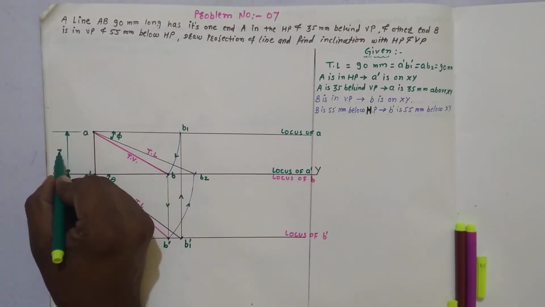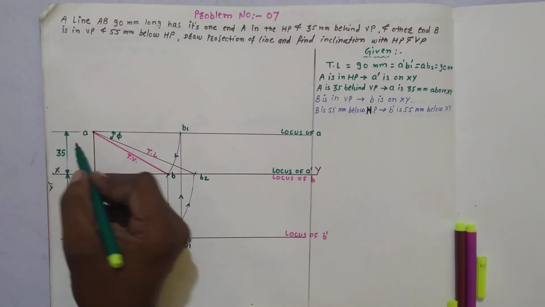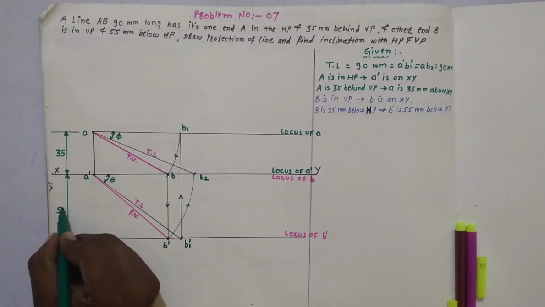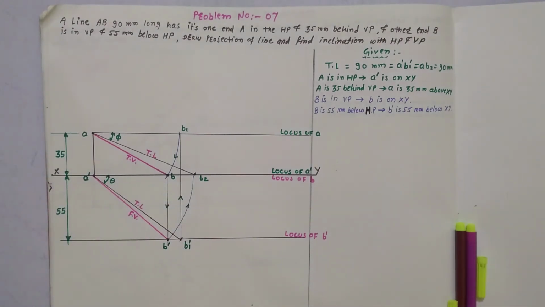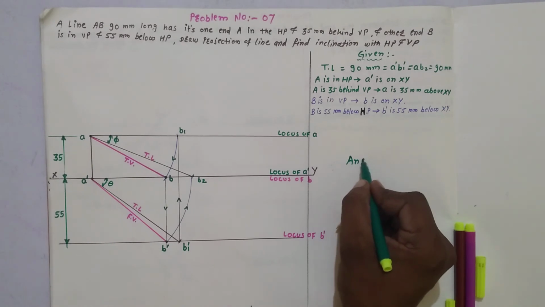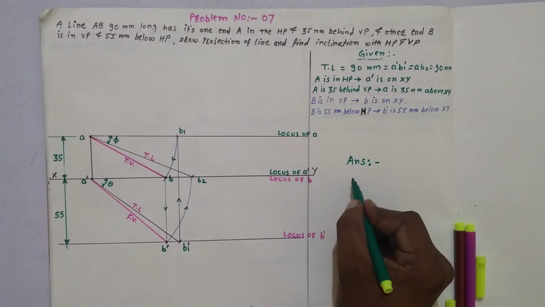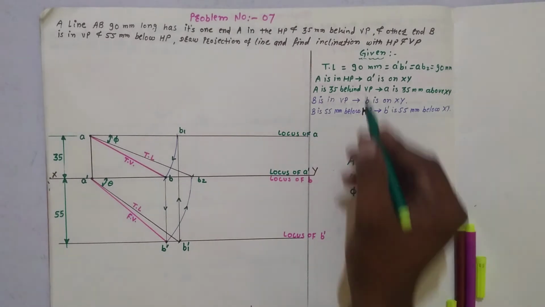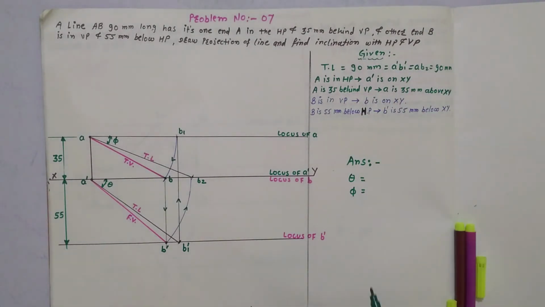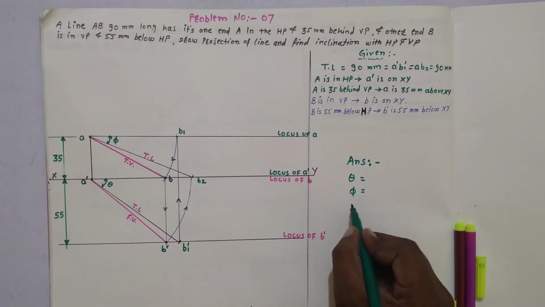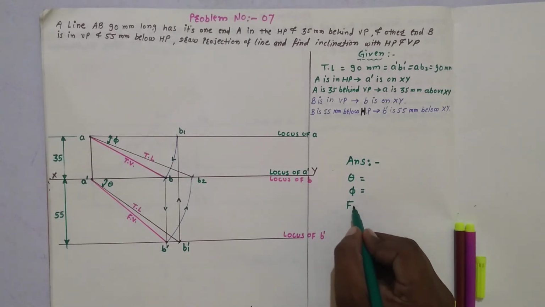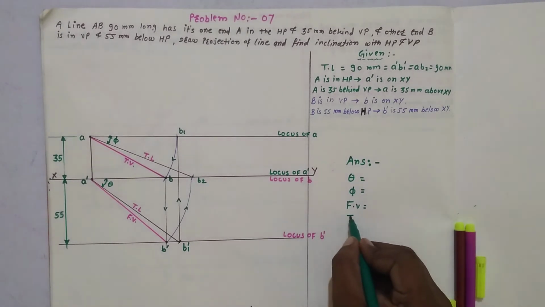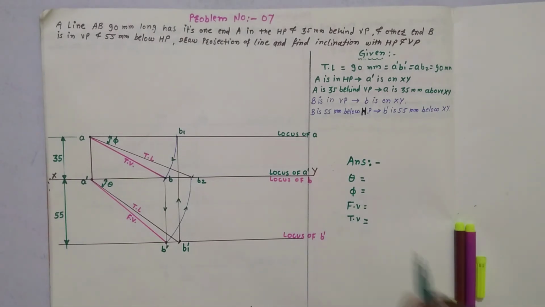This is 35 mm, this is 55 mm. Now on the answer side, you have to calculate theta and phi, because we have to find the inclination with HP and VP. Also measure the front view length and top view length. Okay, thank you.